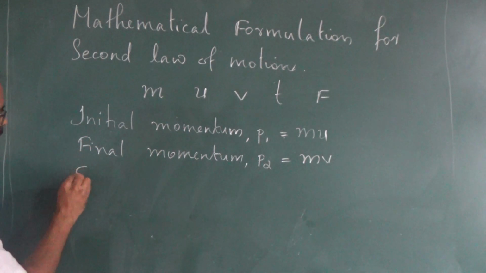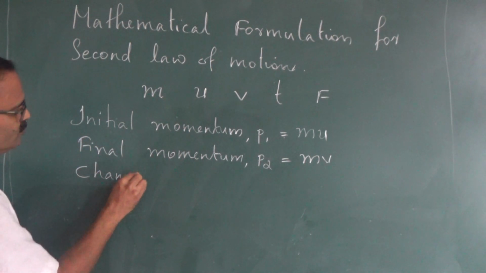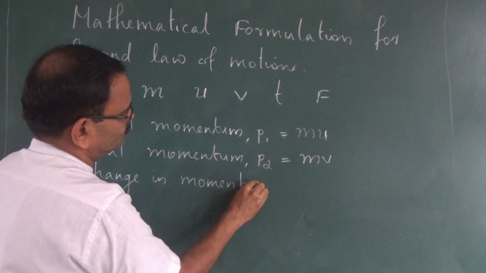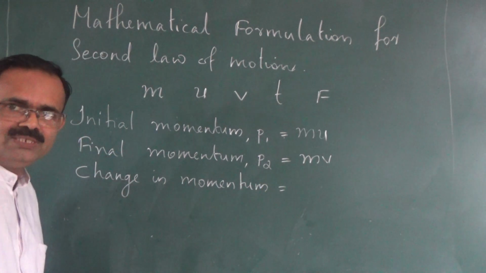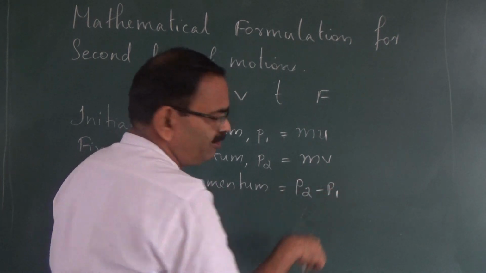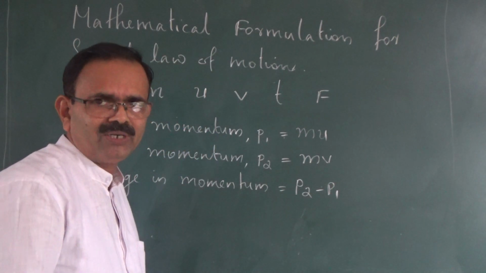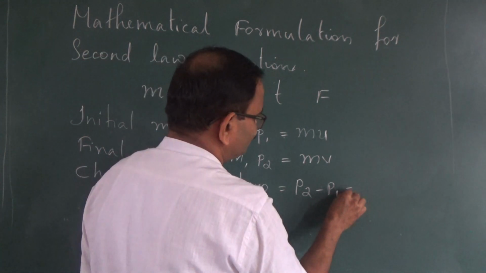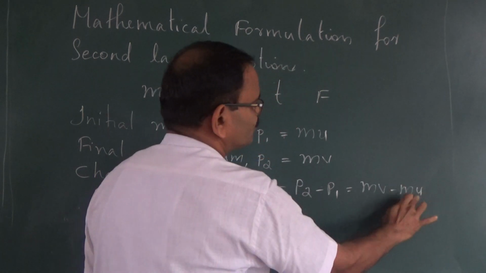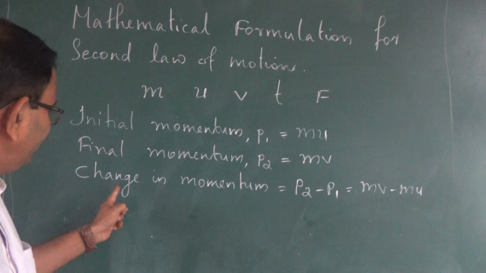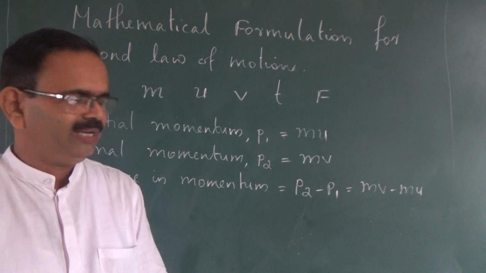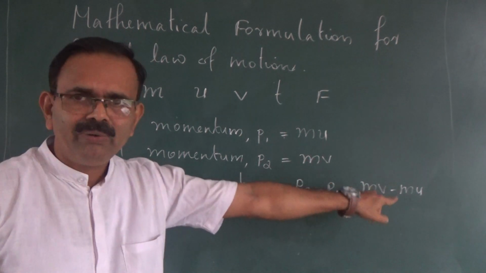Then what is change in momentum? Change in momentum is final momentum minus initial momentum, that is P2 minus P1. That is nothing but mv minus mu.